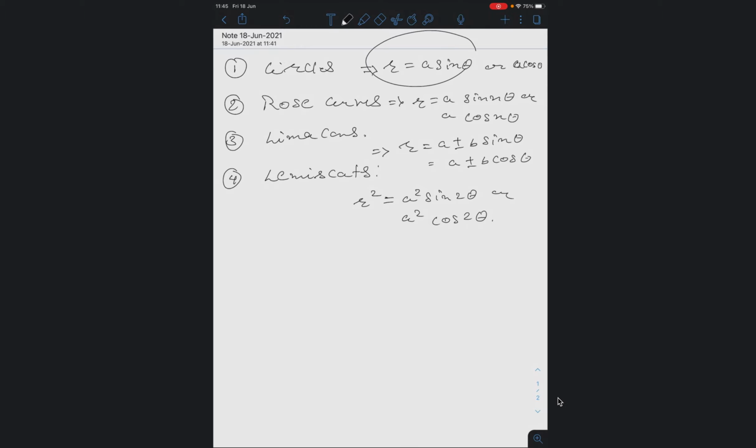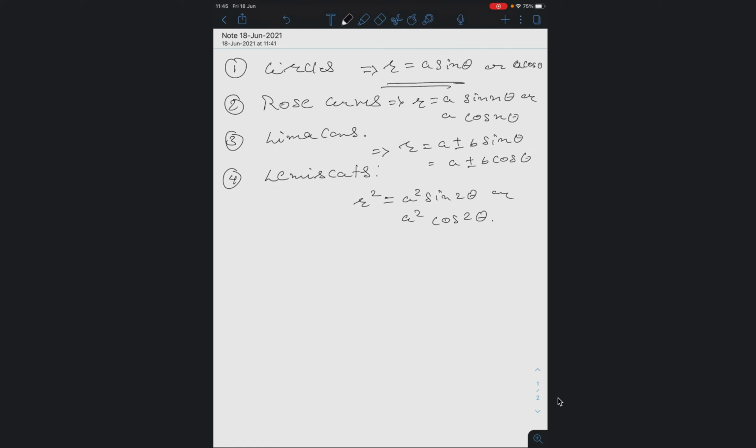Similarly, if I give you this circle in polar coordinates, you should know the center and its radius. Then only you can draw them. Just knowing that this is the equation of a circle won't be enough. You should be able to draw them also. So based on the equation itself, you should be able to tell me the radius as well as the center. So the circle's equation is r = a sin θ or a cos θ.